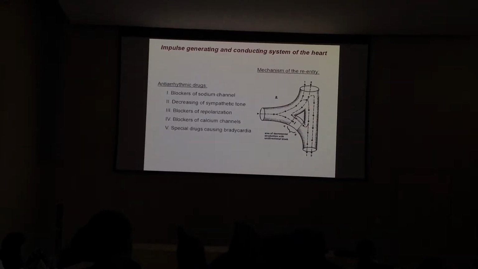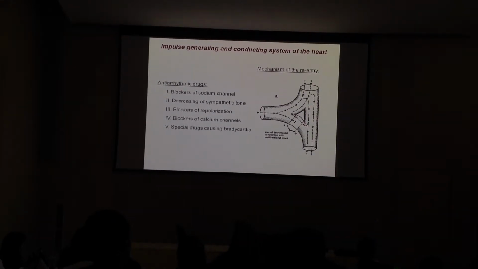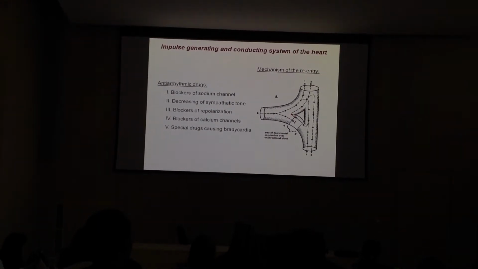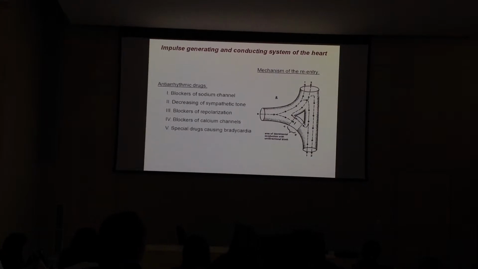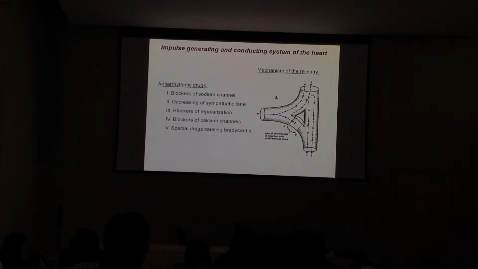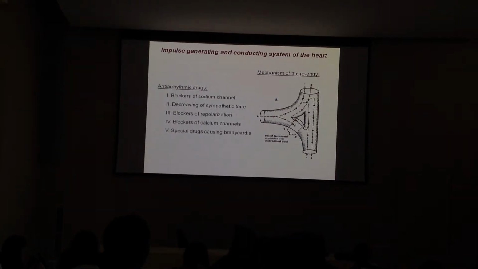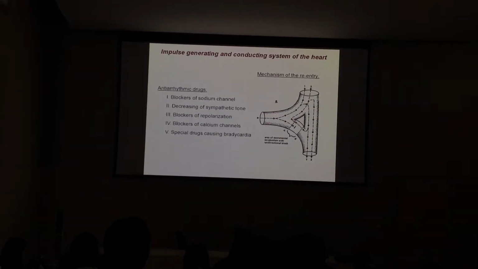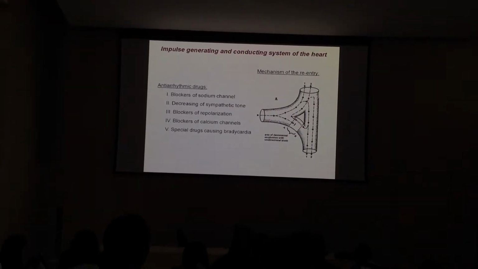Therefore, in this situation, the action potential which arrives here, a little bit slowly, can re-enter again the whole system, because the membrane here is already repolarized and can be activated again by this extra action potential.